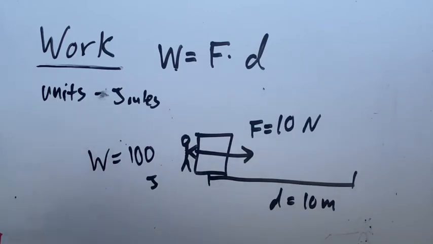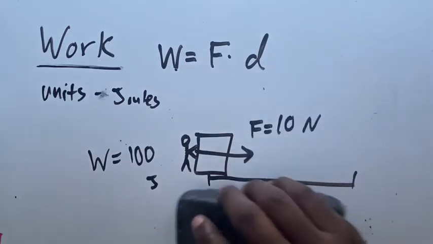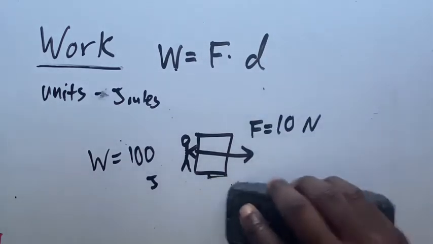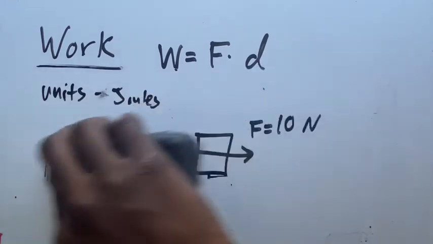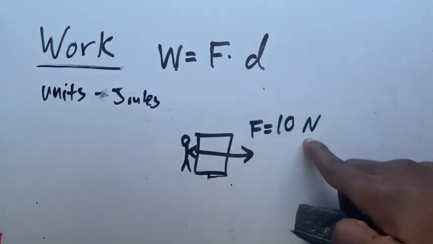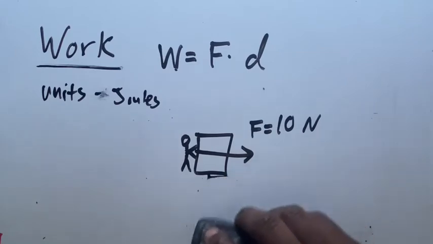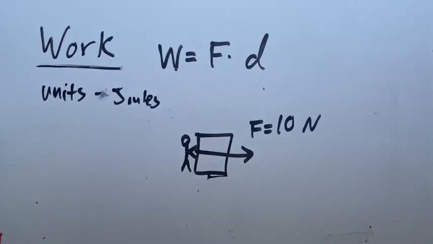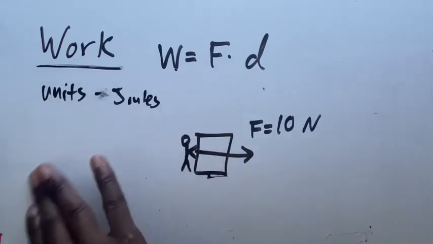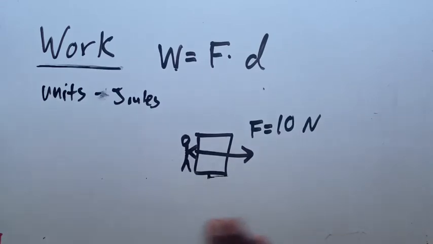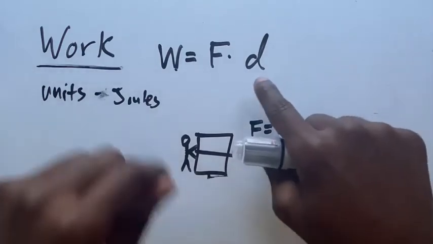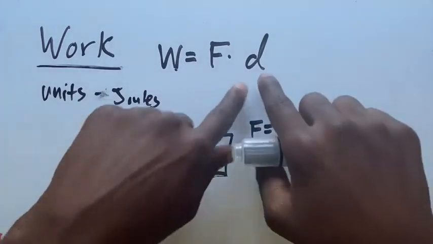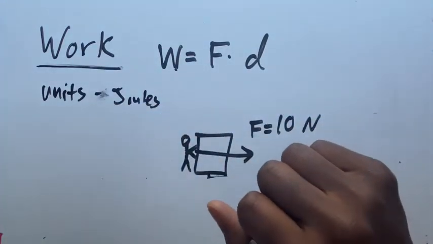All right, so I think that makes sense. It's not too bad. Well, let's say this box is really heavy and you're still applying 50 newtons of force to this box, but it's so heavy the box does not move. Then how much work would you have done on this box? Well, if the box doesn't move, the distance is going to be 0, right?